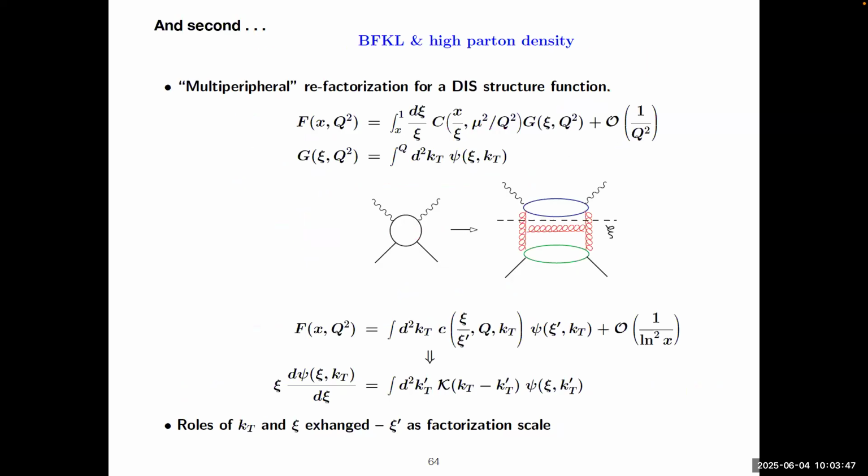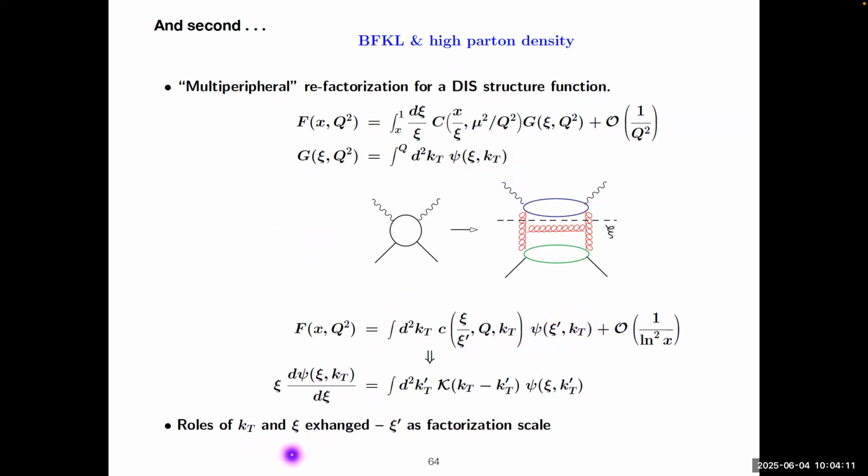And I'd just like to close by saying there's another factorization associated with very, very high energies, where, for example, you have gluon scattering from a photon in the form of a dipole picture, say a pair of quarks, and you can write down a factorized cross-section in this case.